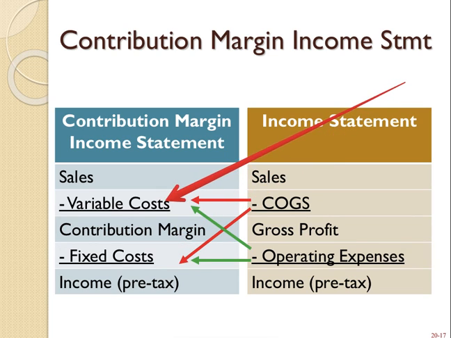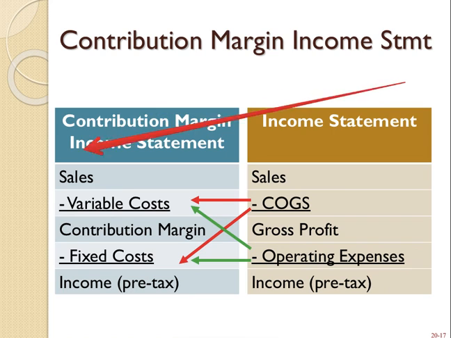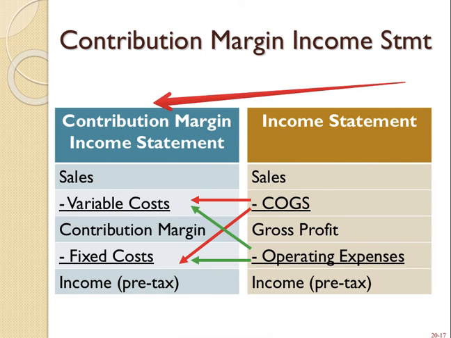Within variable costs, you're going to have some that have to do with the product, some that have to do with selling, general, administrative expenses. Under fixed costs, you're going to have some that are product related, some that are selling, general, administrative expenses. But either way, you'll reach the same income number. We're just rearranging it like this.